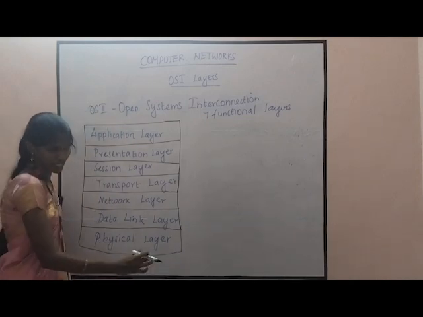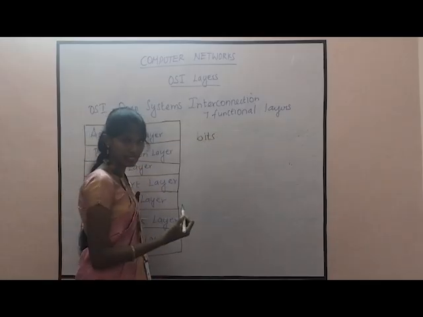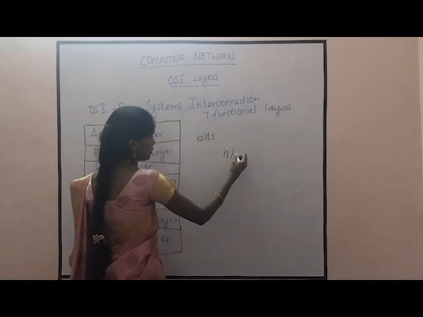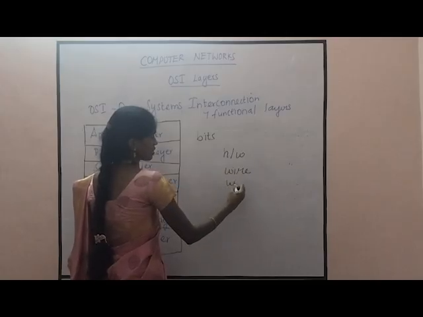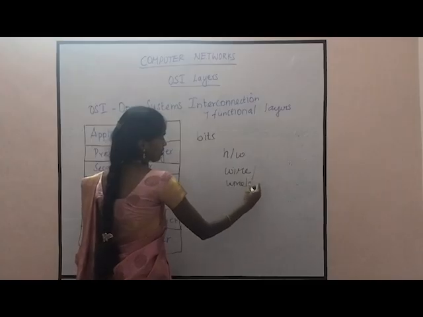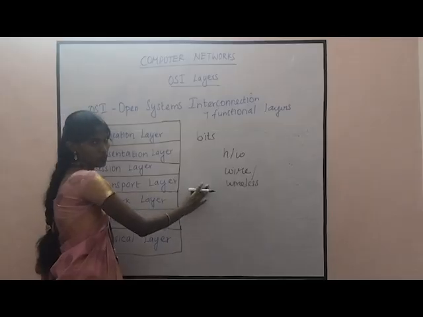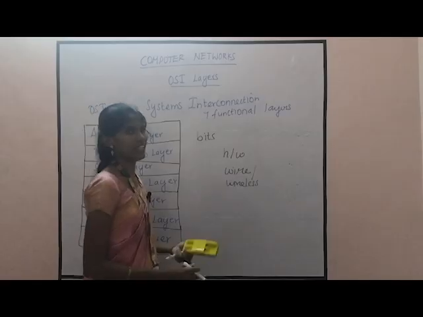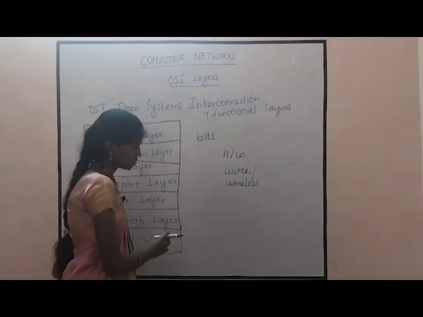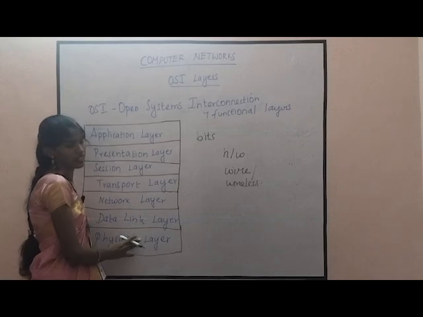Physical, that is bits. So here the data is given as bits, and it is responsible for hardware, wired and wireless communications. All these communications and hardware-oriented components are taken care of here. Here what type of cable do we use? It is coaxial. Likewise, the basic physical device-oriented, hardware-oriented things are taken care of here.